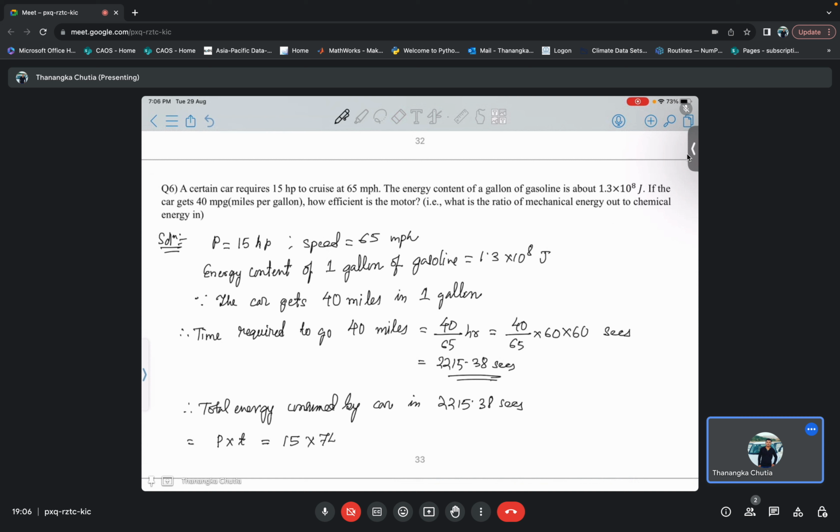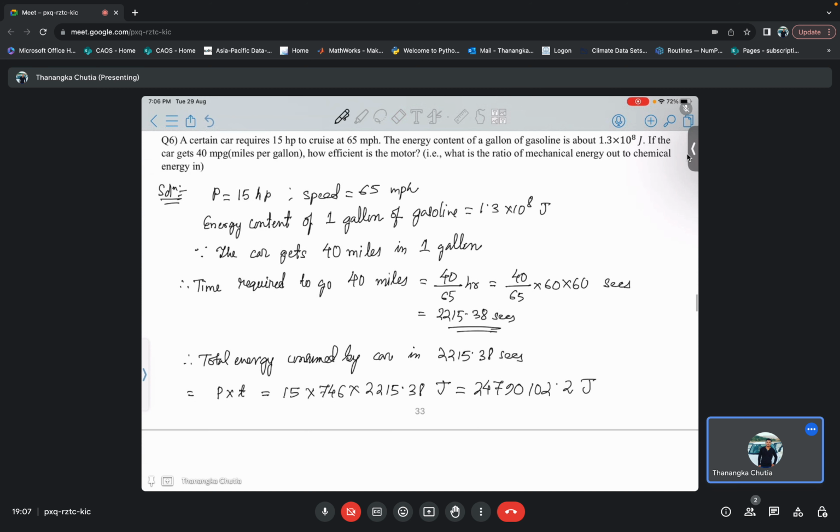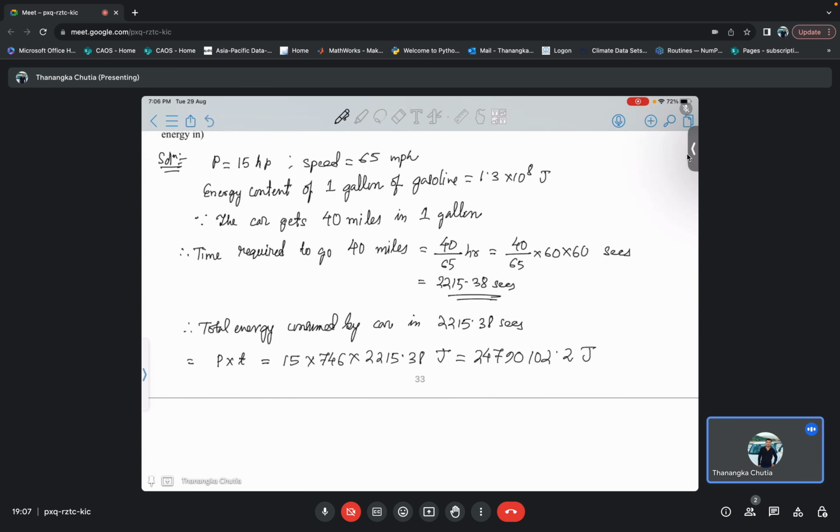That will be equal to 746, into time 2215.38, and you will get this entire stuff in joule. 15 into 746 into 2215.38, so that will be 24790102.2 joule.